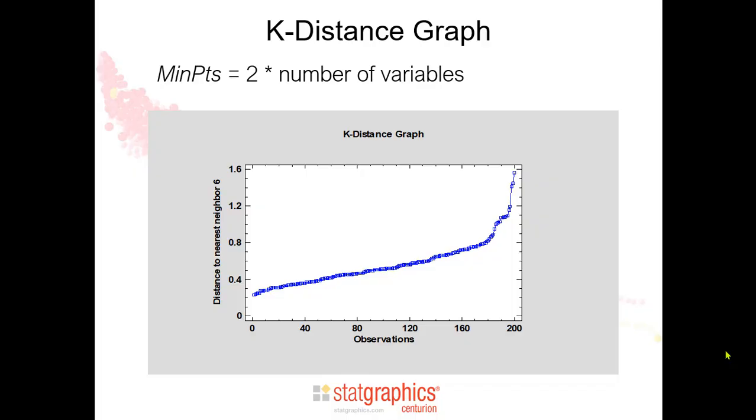If you set min points to 6, then the k-distance graph will plot the distance to the 6th nearest neighbor for each observation. Often that graph will have an elbow. That's a point where the initial pattern, the initial slope, begins to change. In this case, that suggests a starting value for epsilon of about 0.8.